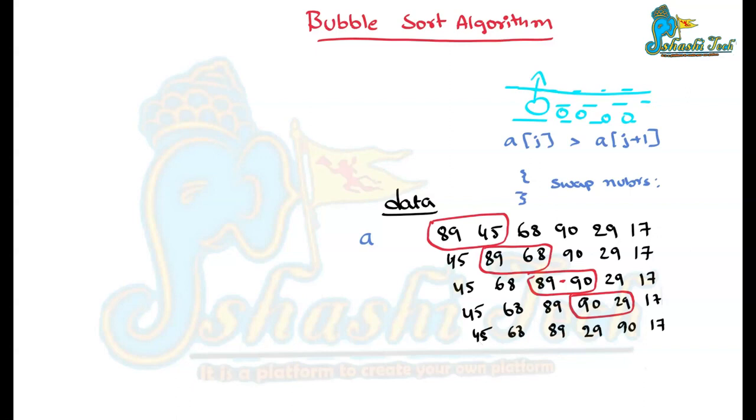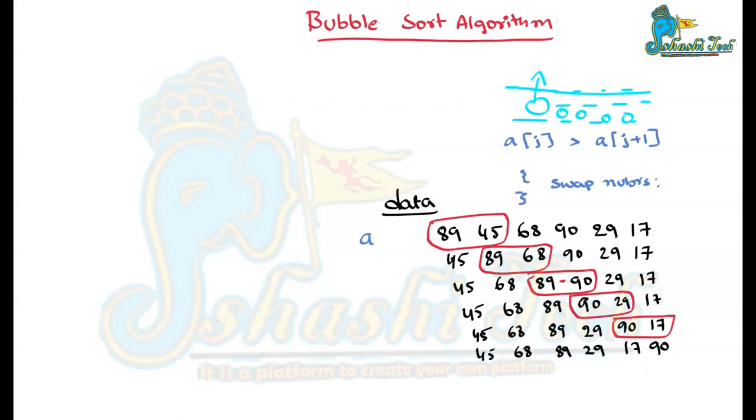Okay. Finally, we shall compare the last two adjacent elements, that is 90 and 17. Here 90 is greater than 17. Again we need to swap it. And we shall write the remaining elements as they are. Okay.